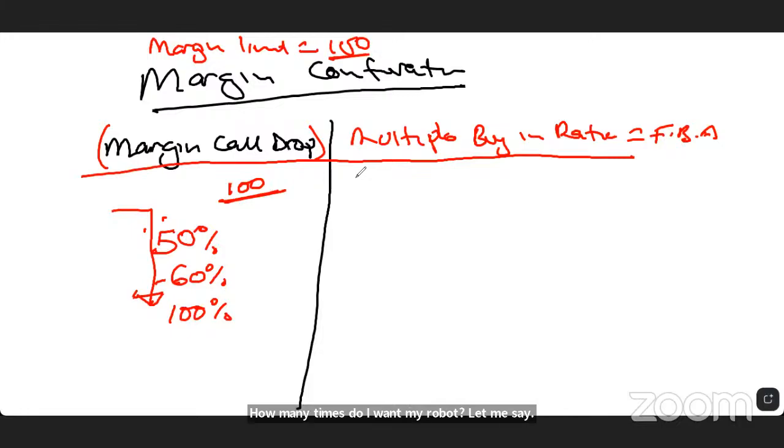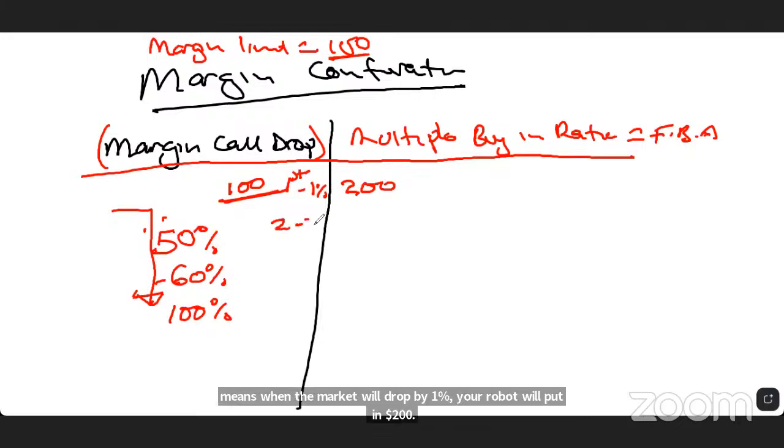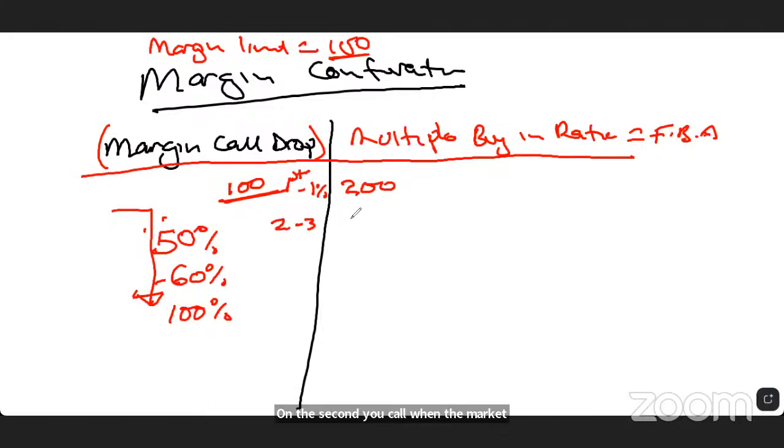When you say the market drops by 1, put in 2, it means when the market drops by 1%, your robot will put in $200. On the second call, when the market drops by 3, you want your robot to put in 4, it will be 4 times 100, which is 400.